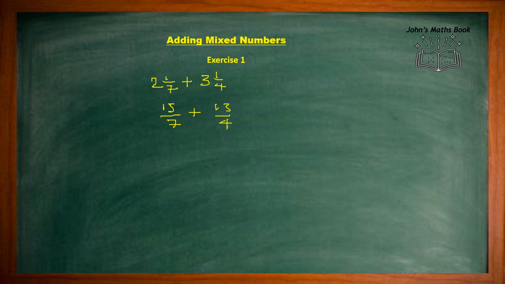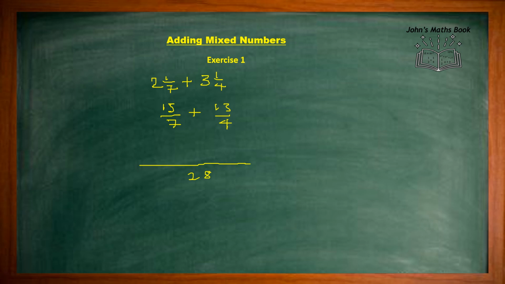Now we find the common denominator of these. We want to find the lowest common denominator, so we find multiples of 7 and multiples of 4 and the lowest common one. In this case, the lowest common denominator is 28.